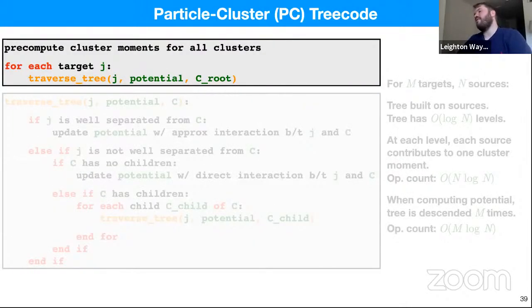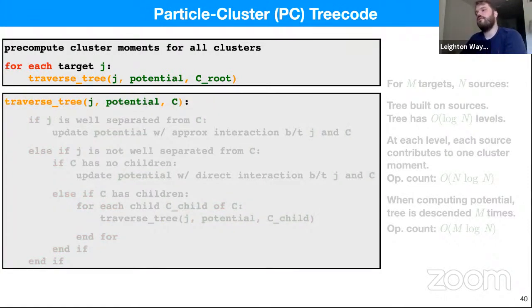So put all these pieces together, and it gives you a particle-cluster tree code. Everything else that we do is based on modifying this idea. So what does this traversal actually look like? Well, first we have to pre-compute all of our cluster moments for all of our clusters. And then for each target particle, we do our tree traversal, starting at the root of the tree.